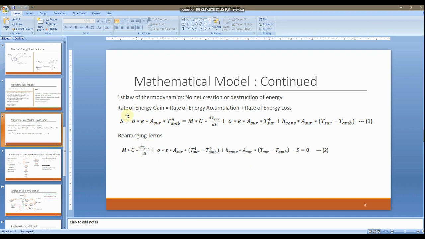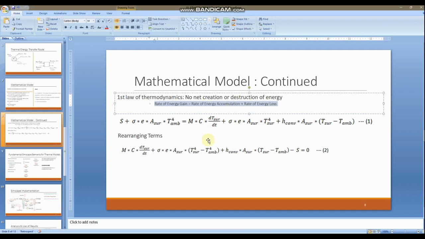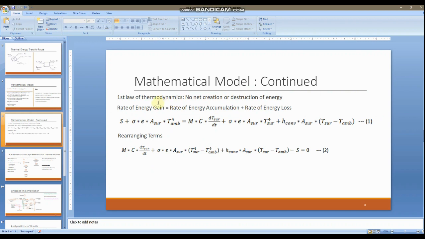Okay. Now, so once we have developed these individual expressions, we'll use the first law of thermodynamics, which means there's no net creation or destruction of energy. And we'll express this in mathematical form. And we'll replace each and every one of these terms with the terms that we have developed.